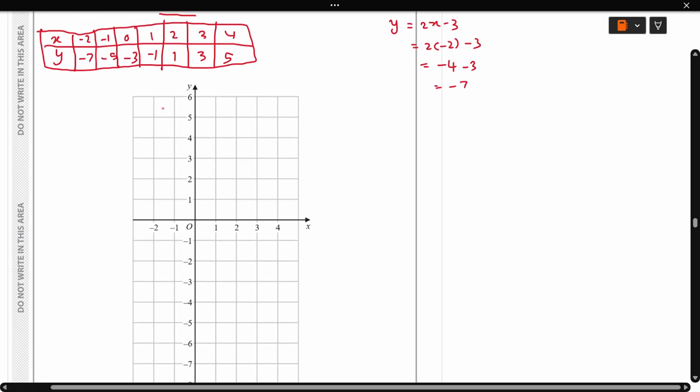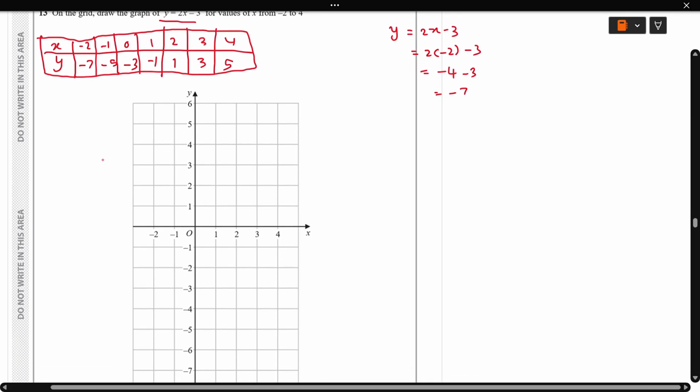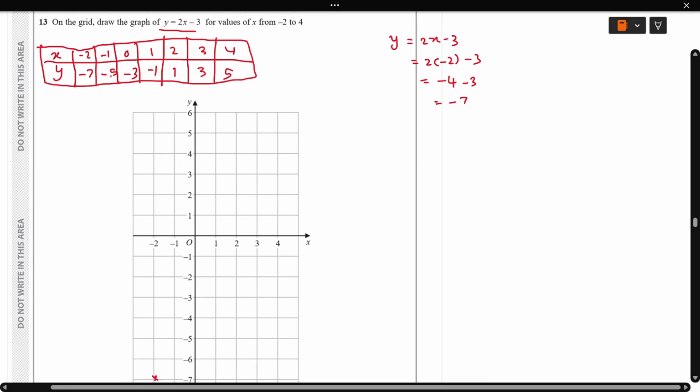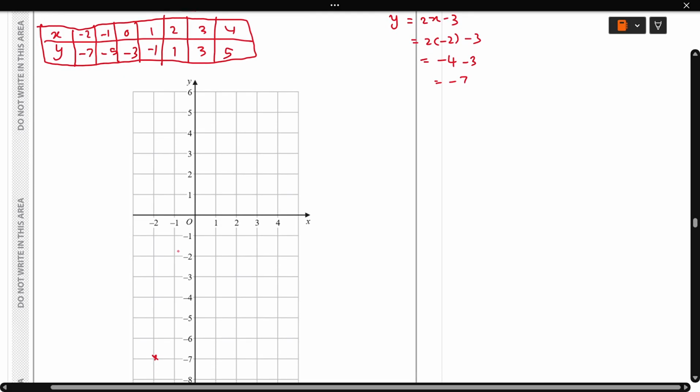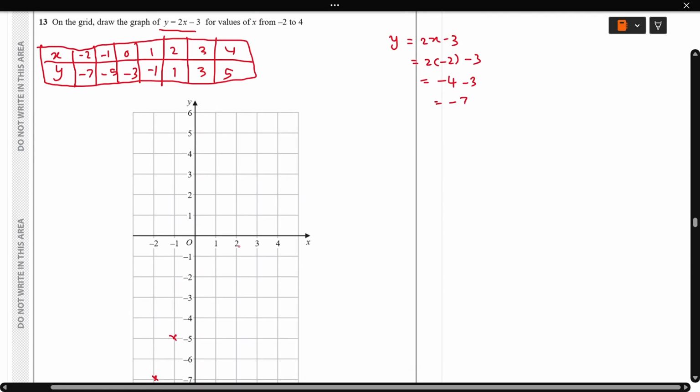Next, we are going to plot these values. First, x is -2, y is -7. -2 and -7 is going to be here. That is the first coordinate. Next coordinate, -1 and -5, here. Next, 0, -3 is going to be here.